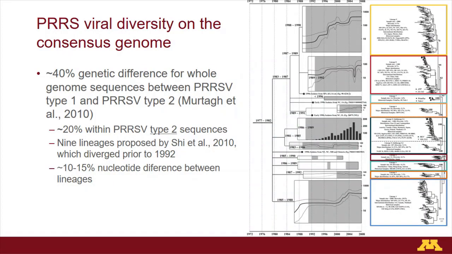Regarding PRRS viral diversity per se, we know that PRRS type 1 and PRRS type 2 have around 40% genetic difference between them. Regarding PRRS type 2 specifically, we can even subclassify this virus into lineages, which should have around 10 to 15% nucleotide difference between each lineage.